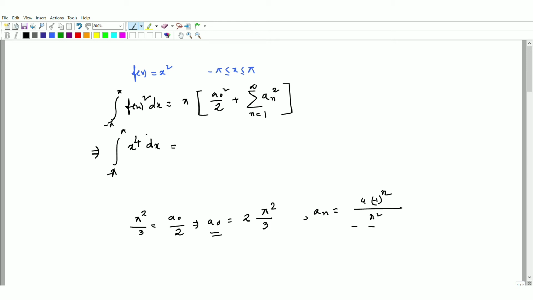Then a naught we have obtained as 2 pi square by 3, so 1 by 2 of that squared, which is 4 pi to the power 4 by 9, plus summation, we have to square the coefficient an, so it becomes 16 by n to the power 4.